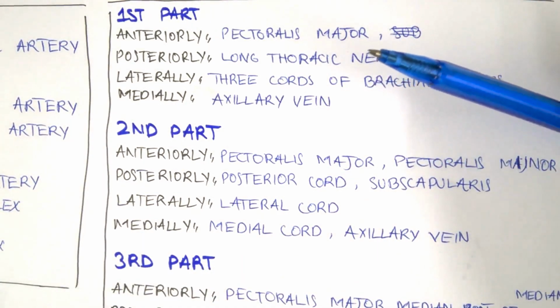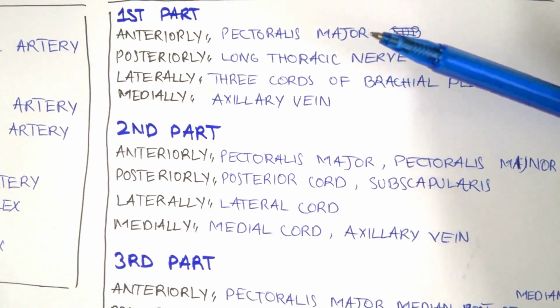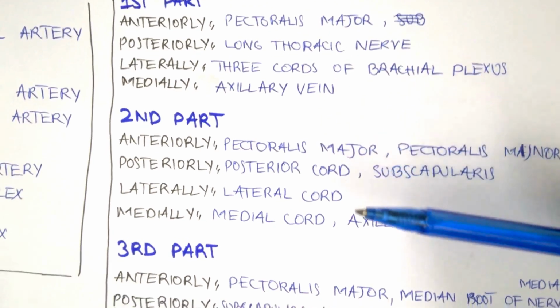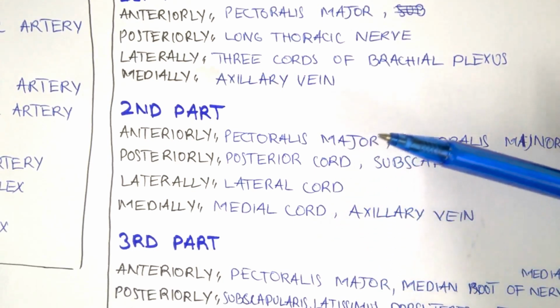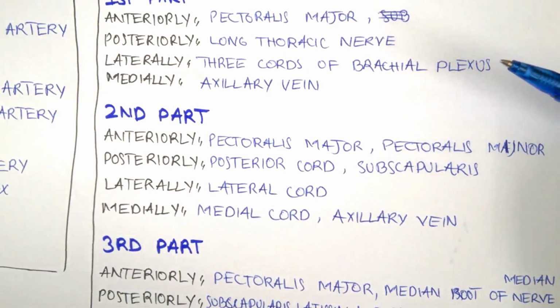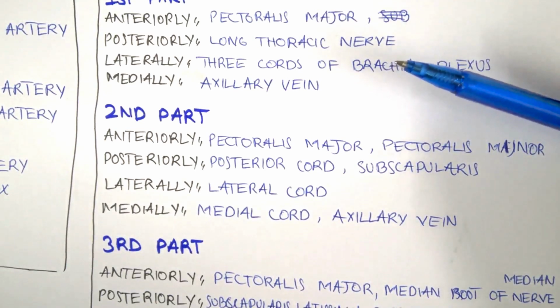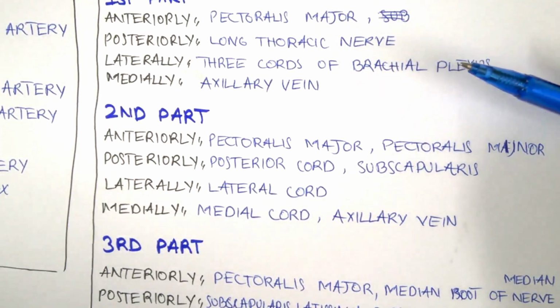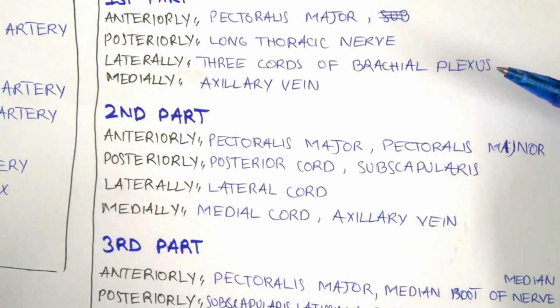And you can also see that anteriorly there's always the pectoralis major in all three parts. And the second part is the part of the axillary artery which is behind the pectoralis minor, so it is obvious that in the second part there will be pectoralis minor anteriorly. Also, you may see that laterally in the first part the three cords of the brachial plexus are present, which is obvious and pretty simple to remember.